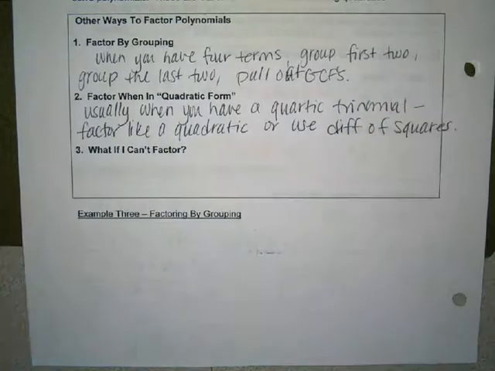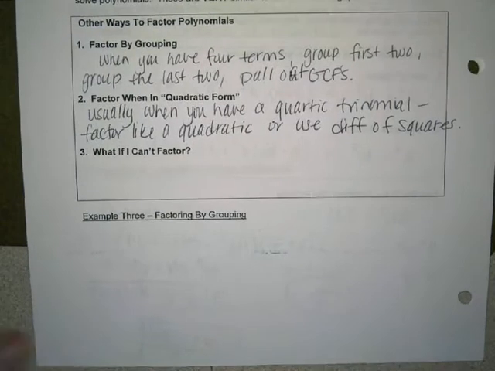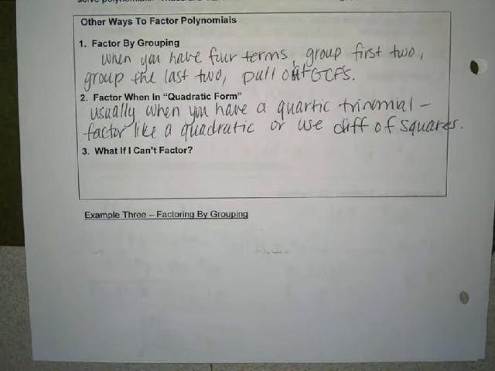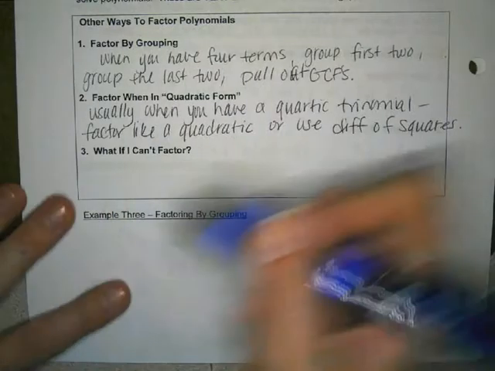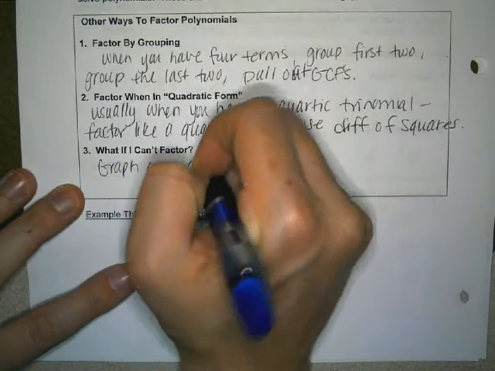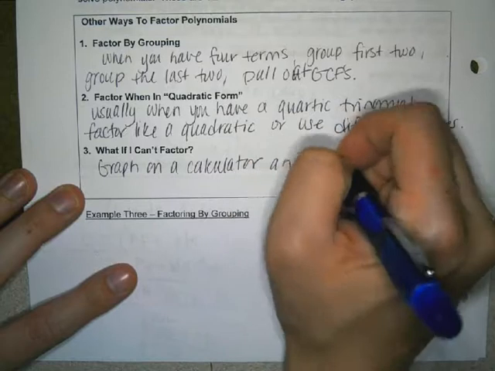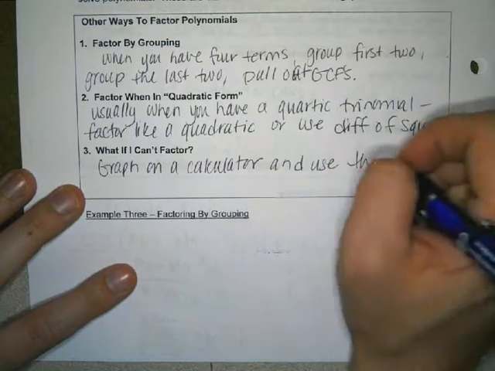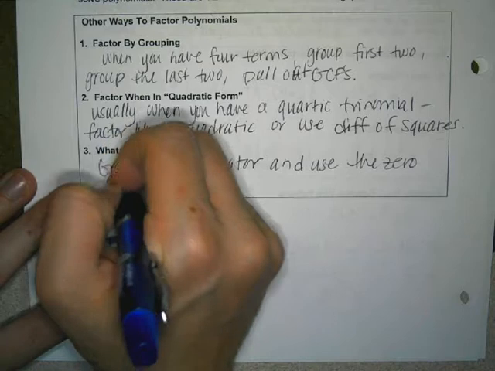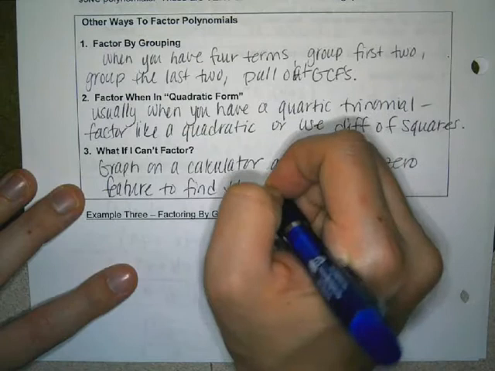If all else fails and you can't factor, then your last resort, and I guarantee this won't happen for the standard, but it might happen later on when we're graphing. But if you can't factor, you can still find your x-intercepts. This is when you graph on a calculator and use the zero feature to find the x-intercepts.